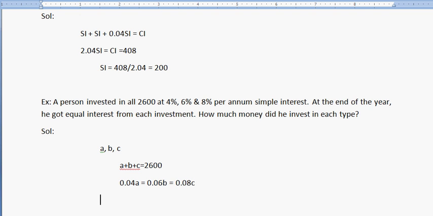Or we can say 4A is equal to 6B is equal to 8C, or 2A is equal to 3B is equal to 4C, right?